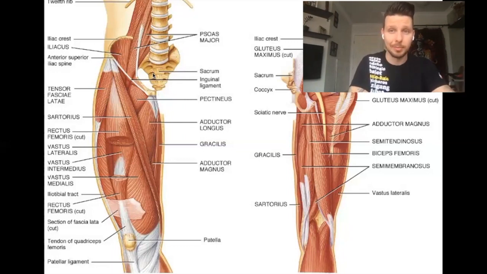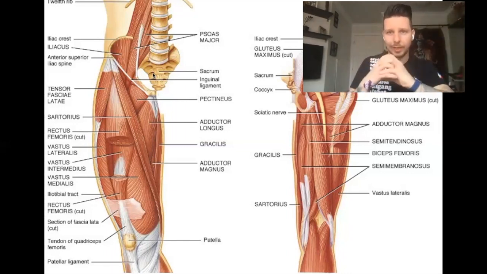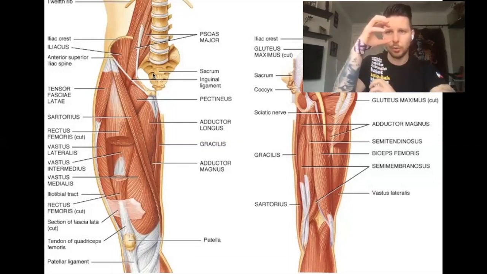It's meant to be stable, right? So that's how our body works: if one segment or one area doesn't move the way it should, the thing above or below it is going to have to do more work.